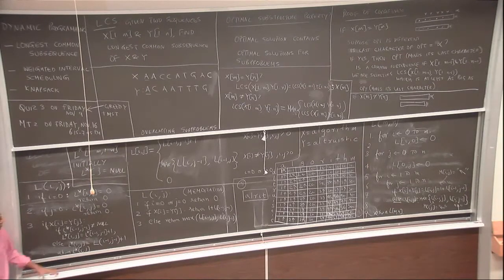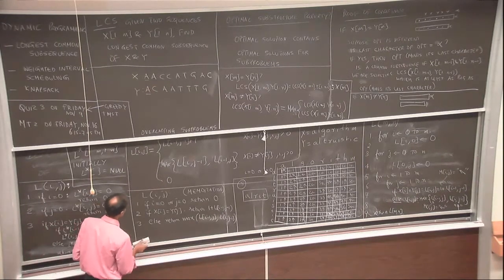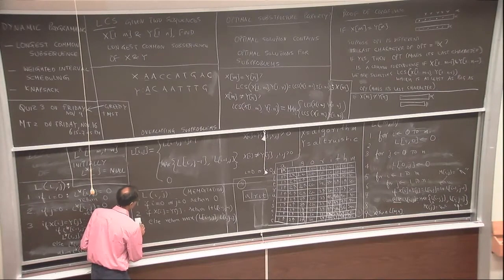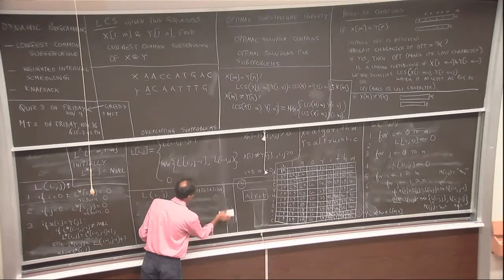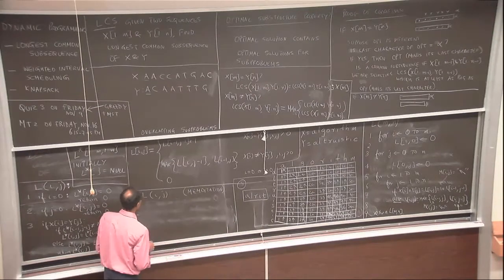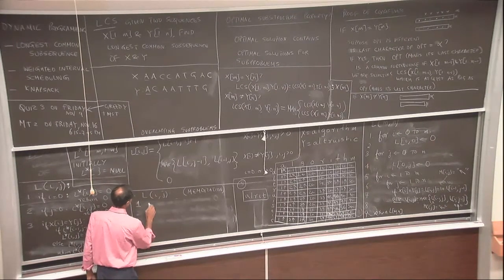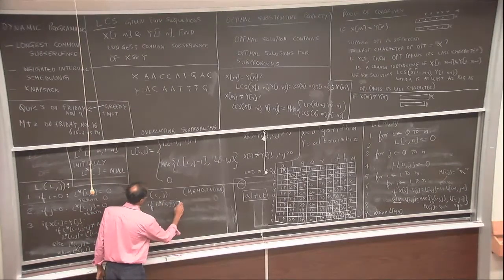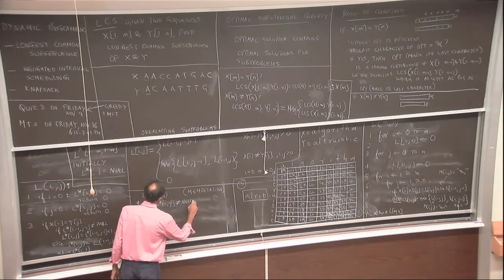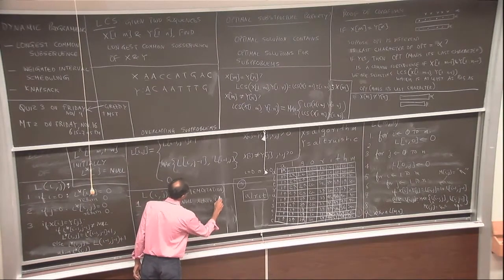So let me see whether I can write that out here. If L star ij is not equal to null, return L star ij.